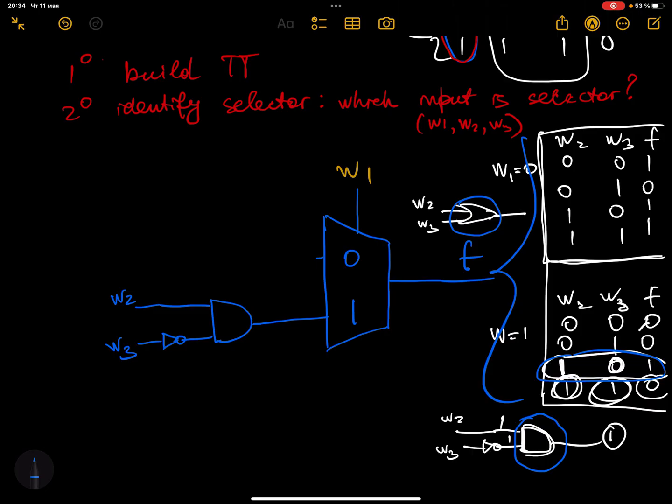So here is the AND gate. Now there's a question about when the value of the selector is 0. What are we going to have? Let's consider the case 0 0 1. Again, one of them should be negated, right? Because when inputs are 0 and the operation is OR, you always get 0.